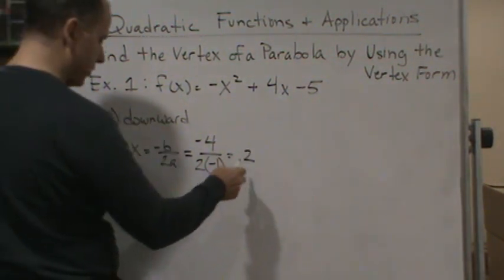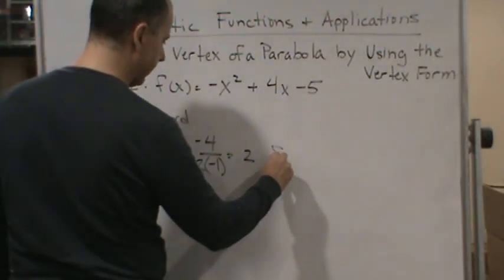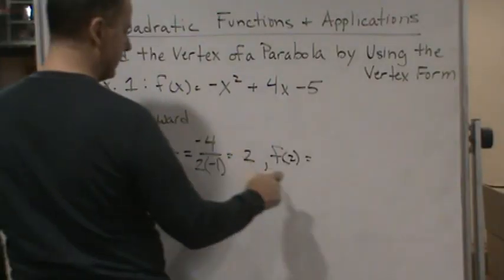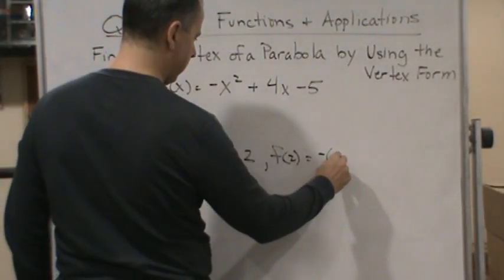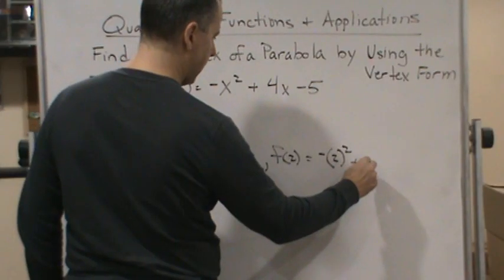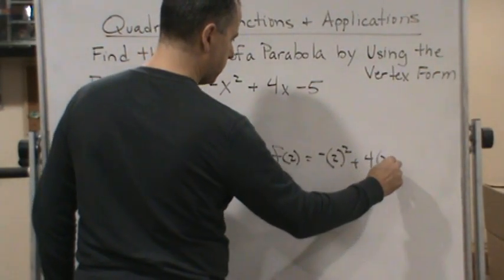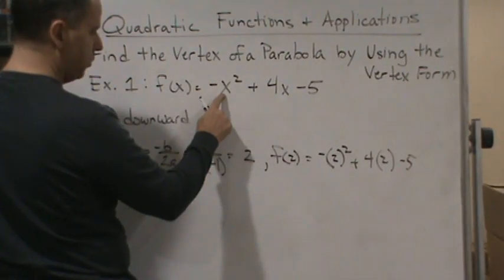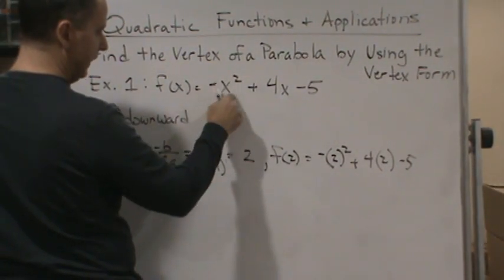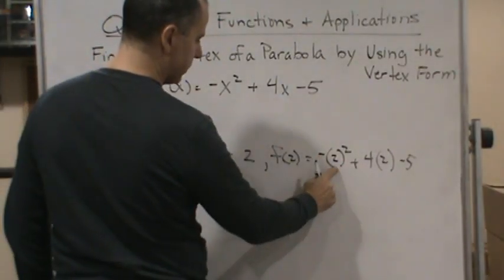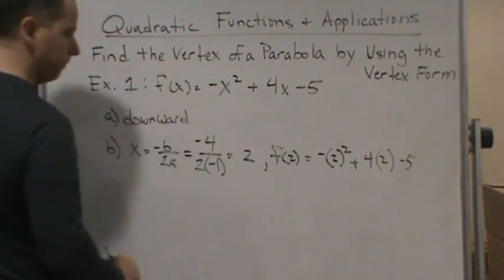Now that's only part of it, so now we've got to find f of 2. If I plug this in, I get negative 2 times the quantity 2 squared, plus 4 times 2 minus 5. Now again, be careful here: the 2 is inside the square function, so the negative sign goes outside the parentheses.